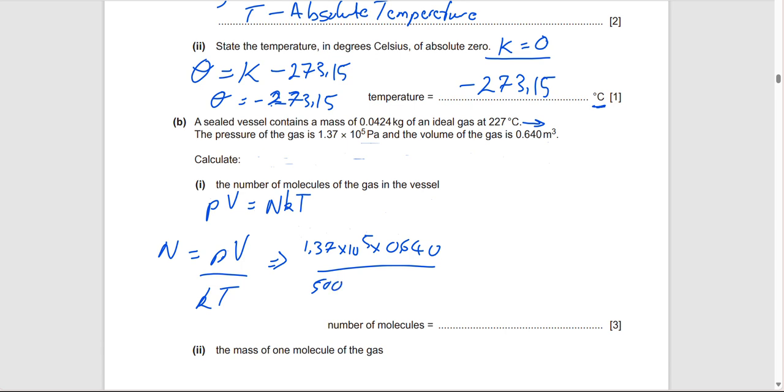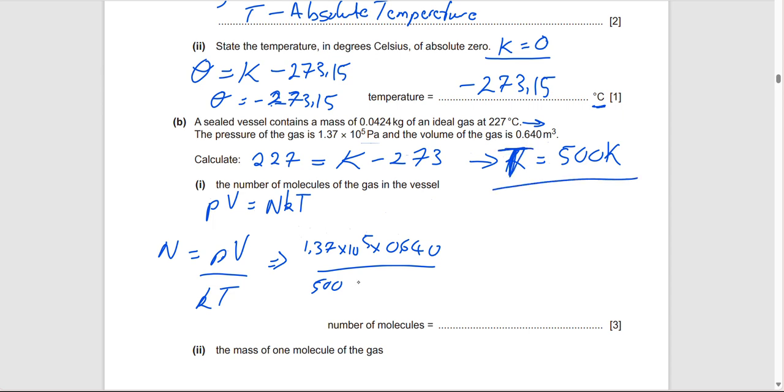The temperature, remember, has to be the absolute temperature. So we use our formula, theta equal to K minus 273. In this case, our theta is equal to 227. So we can substitute in, then add 273 to both sides. We'll get our K as 500 kelvins. So that's our temperature now. That is what we're going to use.